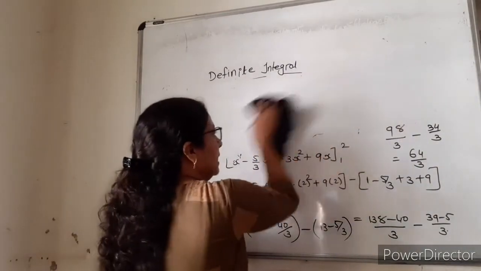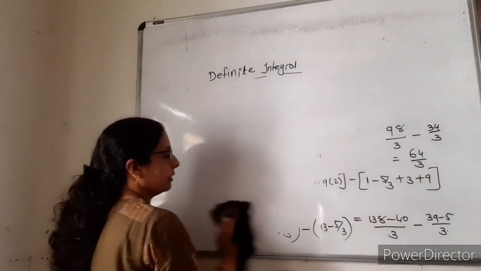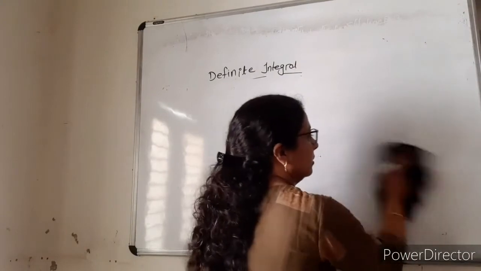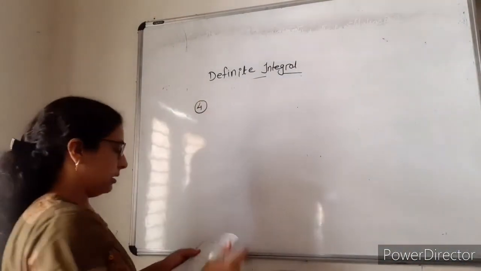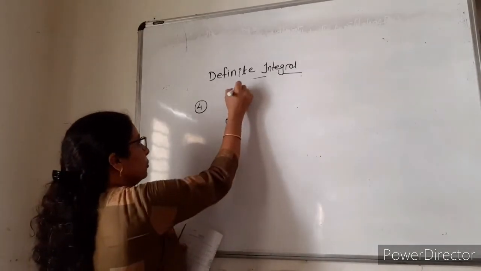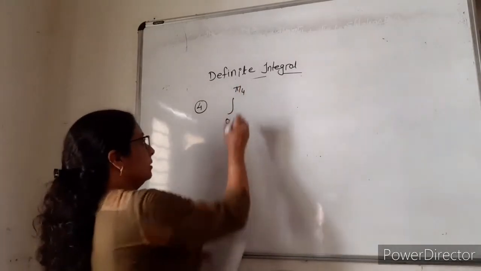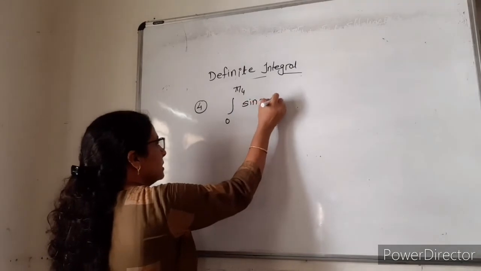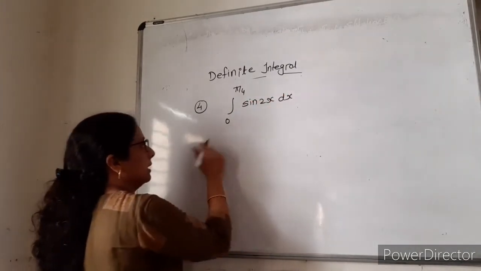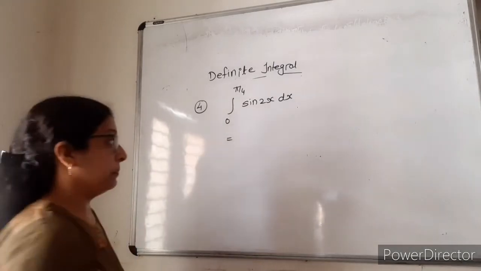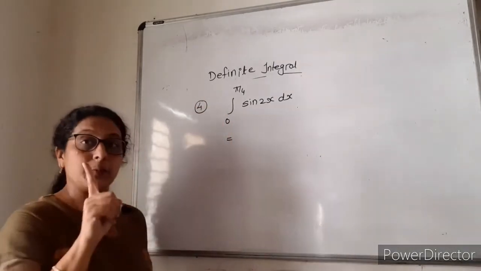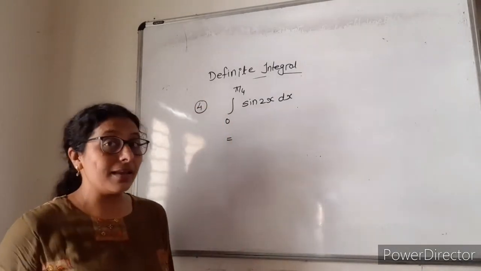Now we'll go ahead with question number 4. The fourth question is integration from 0 to pi by 4 of sine 2x dx. What is sine 2x dx? Integration of sine is minus cos, so we can do it directly.